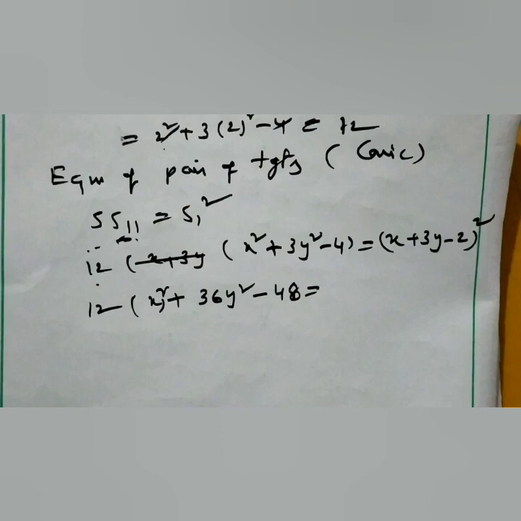Whenever it is quadratic in x, root d means root over b square minus 4ac: 68 whole square minus 4 into 44 into minus 13, divided by a, that is 44, into root over 1 plus m square, where m is equal to minus x coefficient by y coefficient, minus 1, whole square.